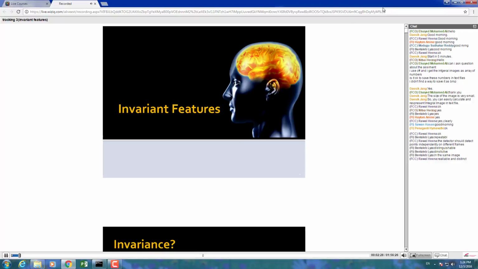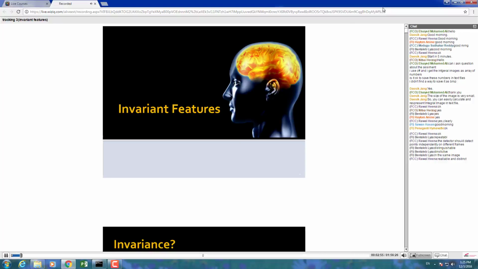That is reliable for the same point across different images. So finally, we need a reliable and distinctive descriptor. Detector and descriptor are the two major parts of this kind of invariant feature algorithm.